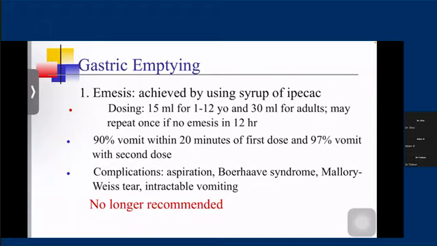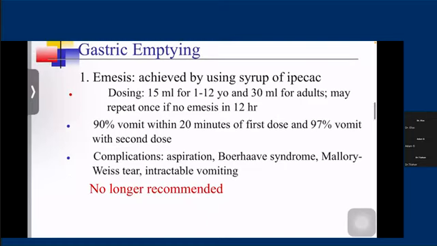There are associated complications: the patient can develop aspiration, Mallory-Weiss tear, and intractable vomiting. But generally this is no longer recommended because when we compare risk and benefit, the risk outweighs the benefit. So it is always better to avoid giving syrup of ipecac because there are no mortality benefits.